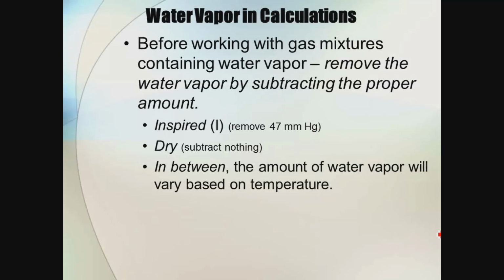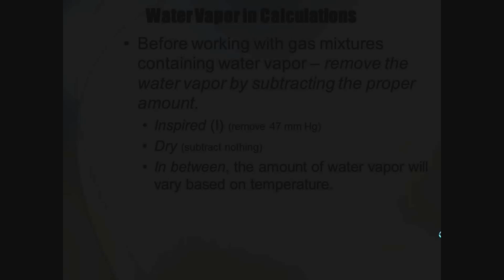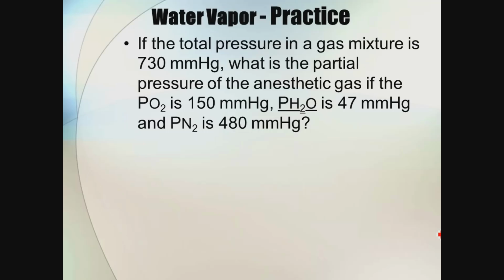Otherwise, whenever we see the word FIO2, as Mary Kay pointed out, we have to subtract off 47. Now, in reality, this room does have humidity. It's not a totally dry room. So there really should be something we account for, but for our purposes, we're not going to worry about it.